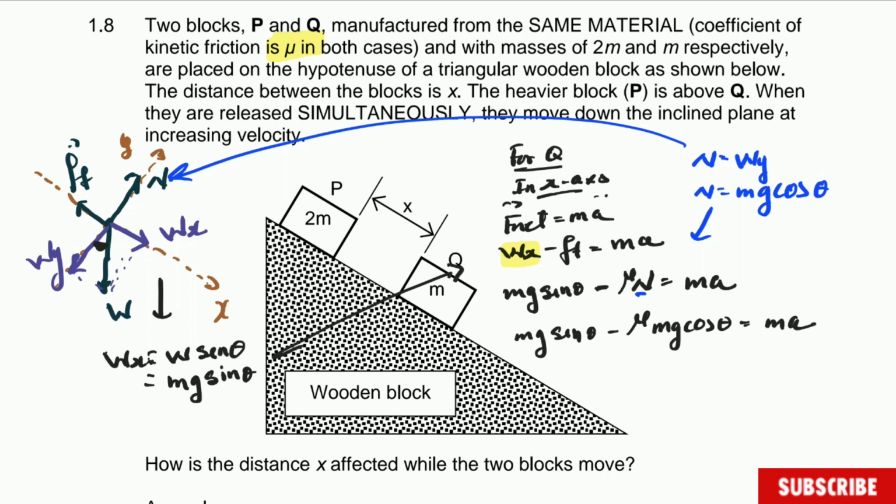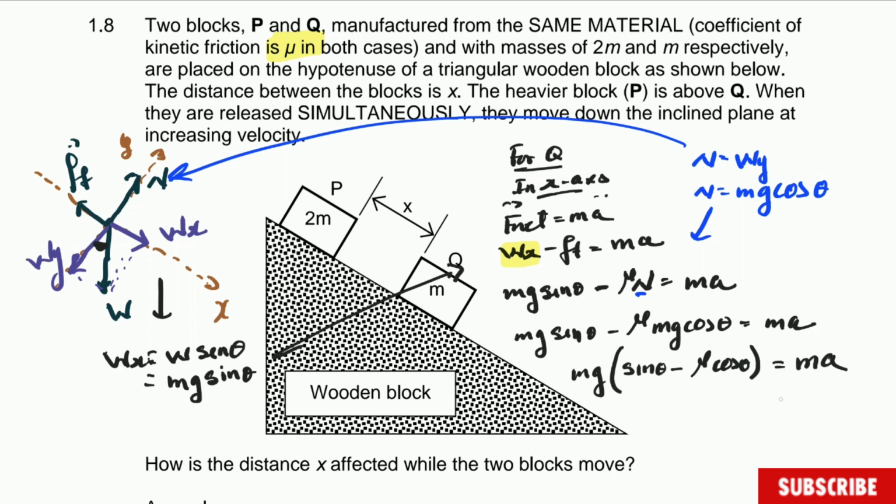Remember, we are working with either of the two objects. In this case, we're working for Q. Here you can see that mg is a common factor, so mg(sin theta minus the coefficient of friction times cos theta) equals ma.